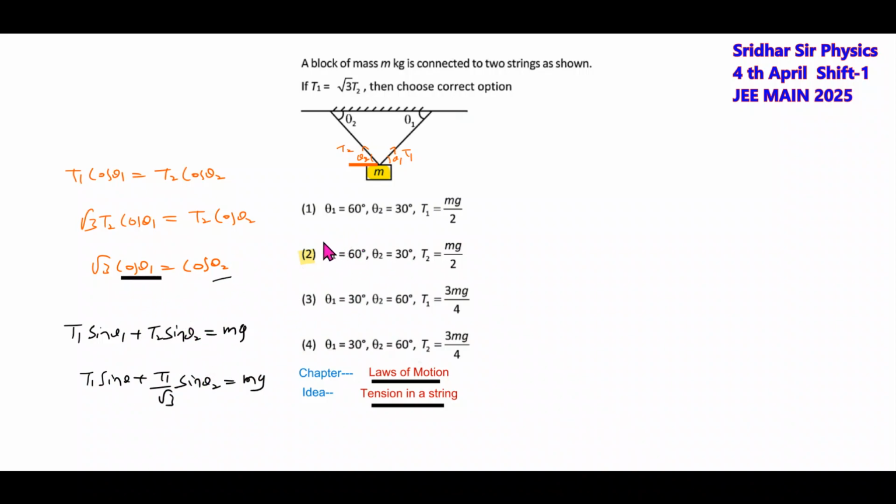What are the possible values that will satisfy this? Theta1 60 degrees, theta2 will be 30 degrees. If theta1 is 30 degrees, theta2 will not satisfy this. Then T2, T1 also should satisfy here. We'll move to the next question.